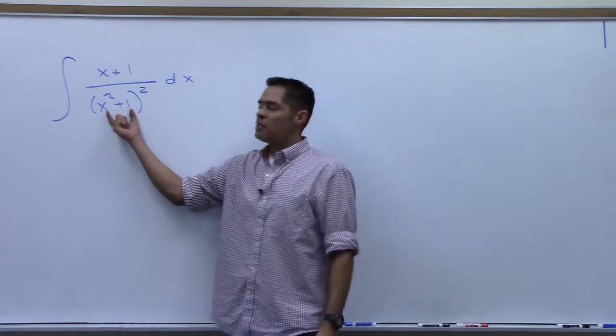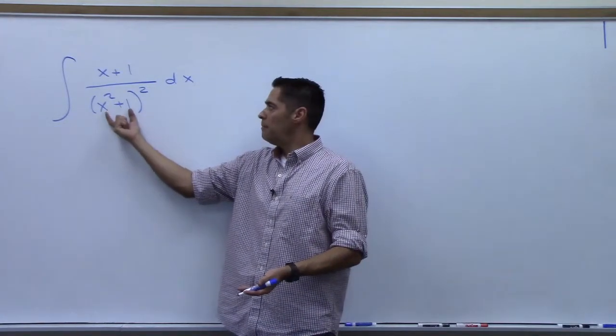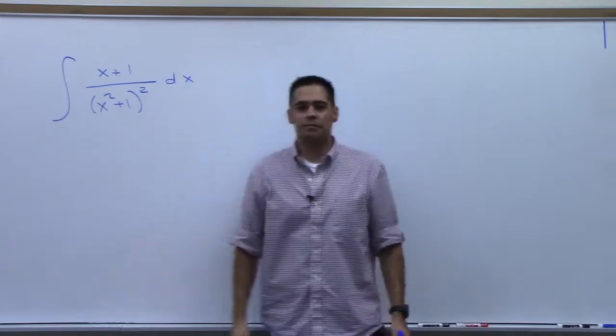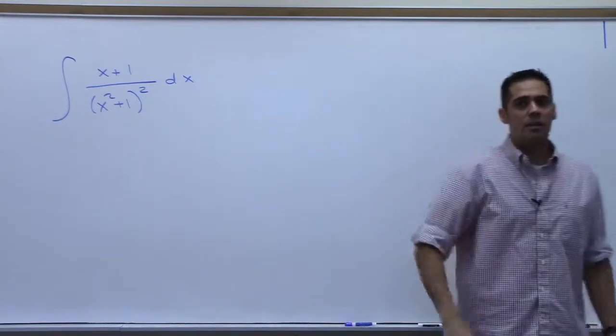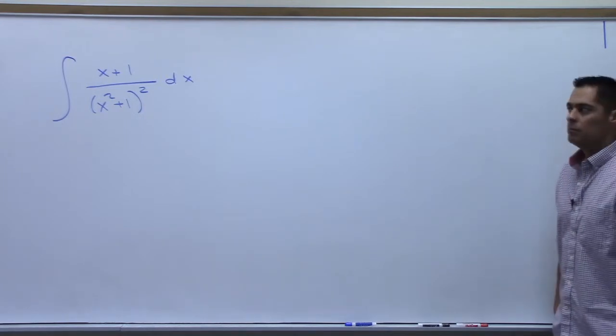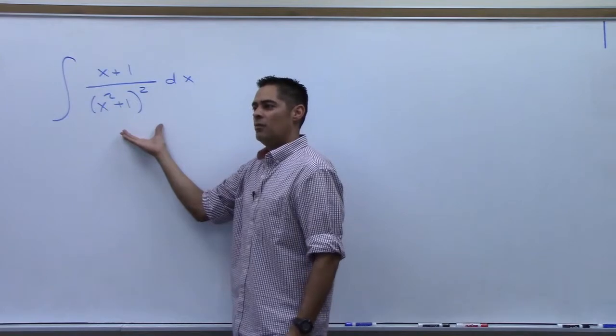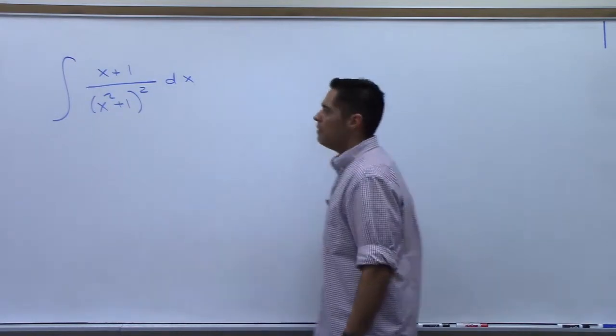So x squared plus 1 is irreducible. You can't factor that, right? And it's repeated. And on top you have a linear expression. Play the same game. If you expanded it, then it would be exactly like number 7, right?